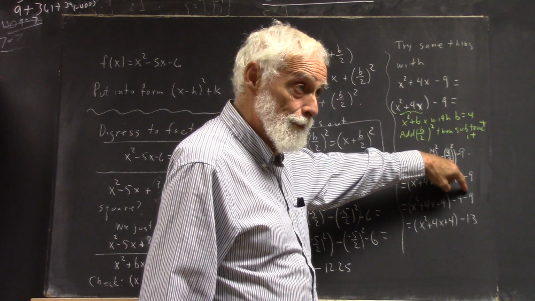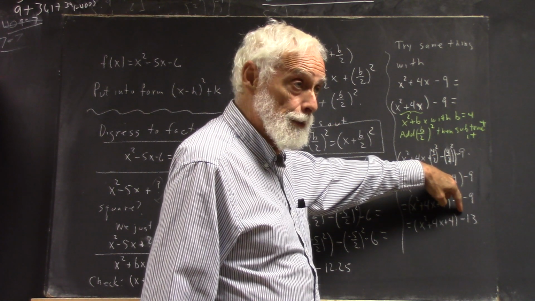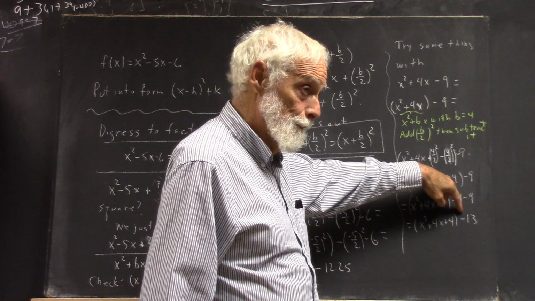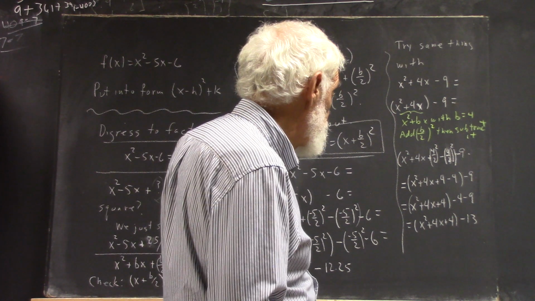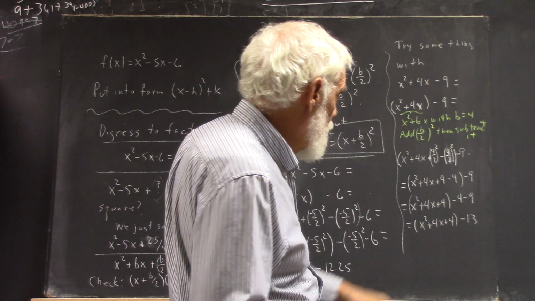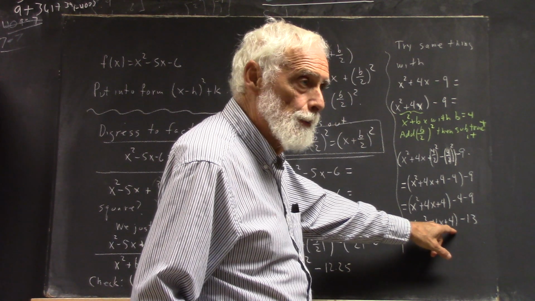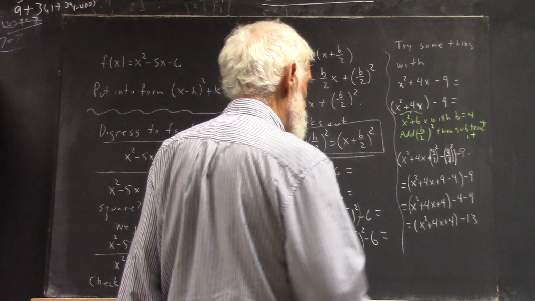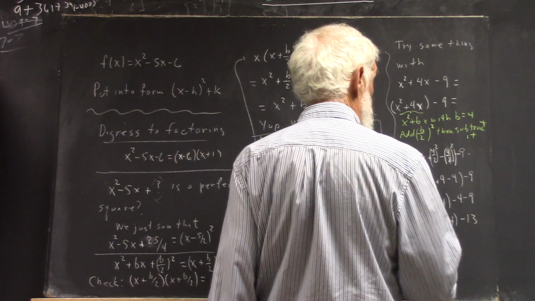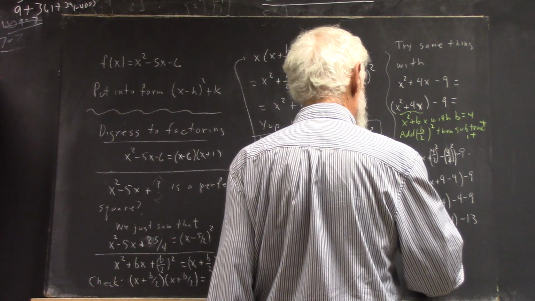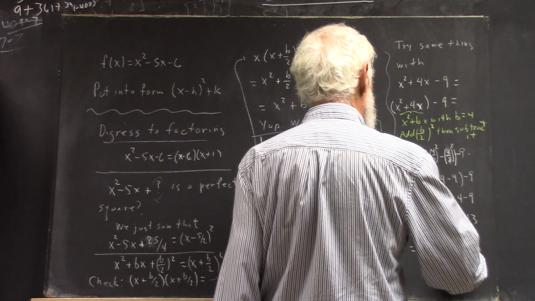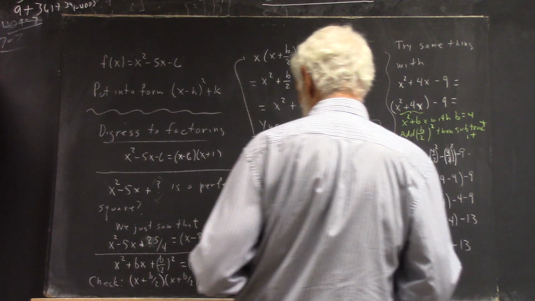We get this. So we get a minus 13. And what's x squared plus 4x plus 4? We factor that into x plus 2 times x plus 2. That's x plus 2 squared minus 13.